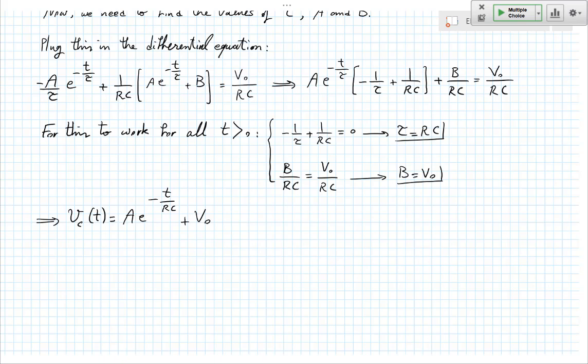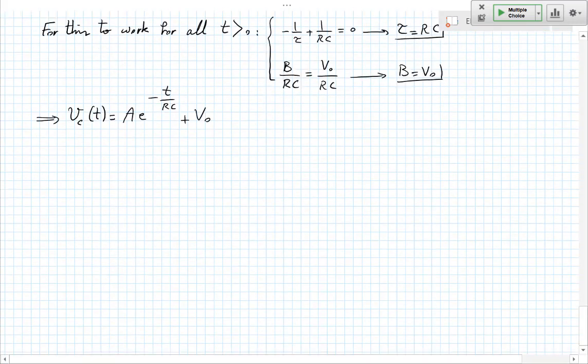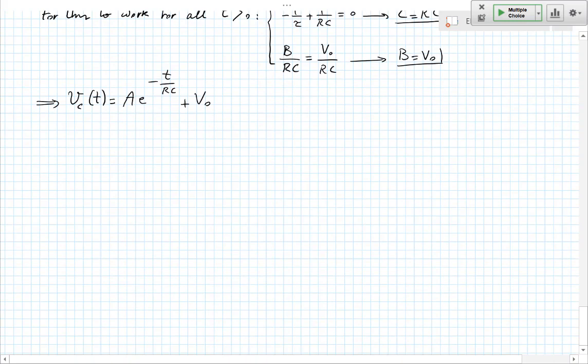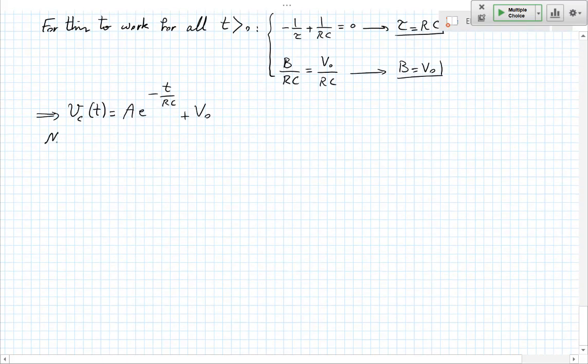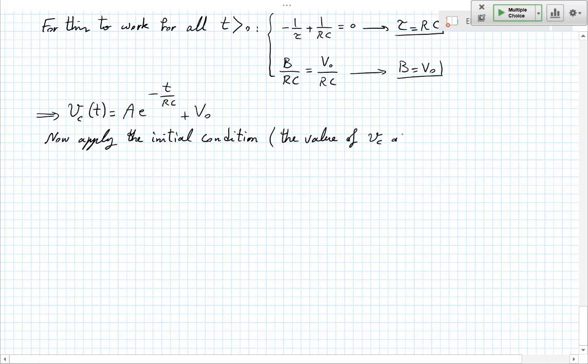That's the beginning of t greater than 0, right? So I need to now apply the initial condition, which was the value of Vc at t equals 0 plus.